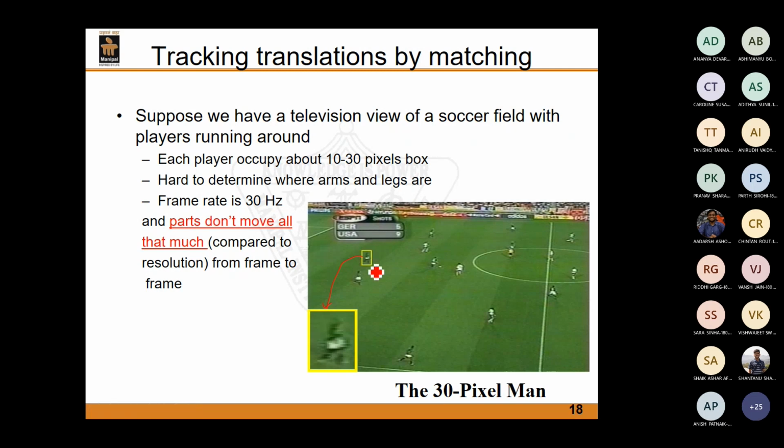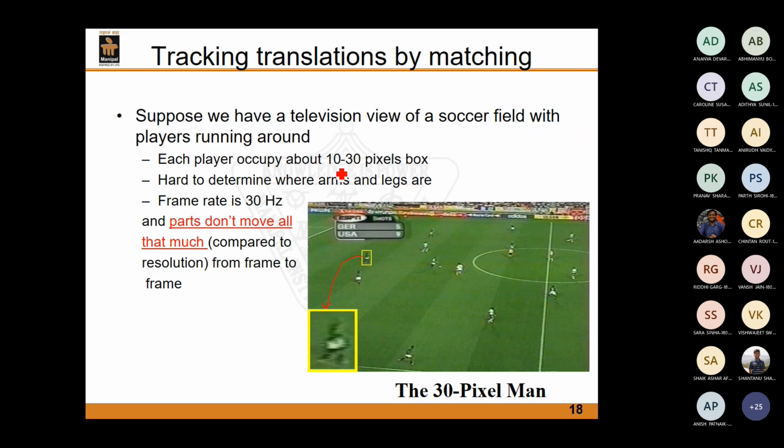So if you look at the person and compare that with the whole image dimension, what you see is that the person is actually quite small. It's just a very small patch compared to the whole image, which means that the information present with regard to the object that has to be tracked is very small.